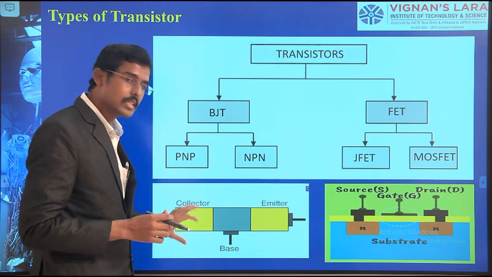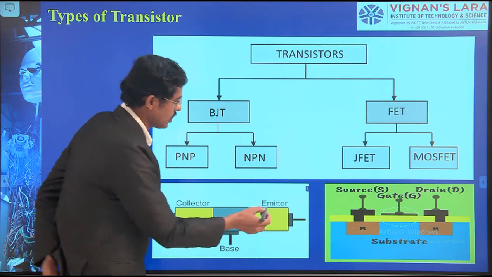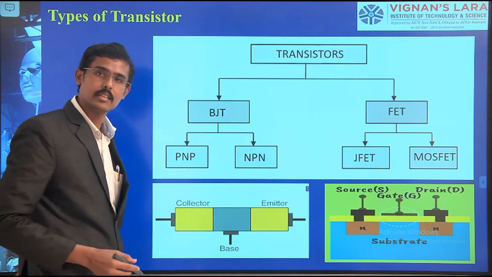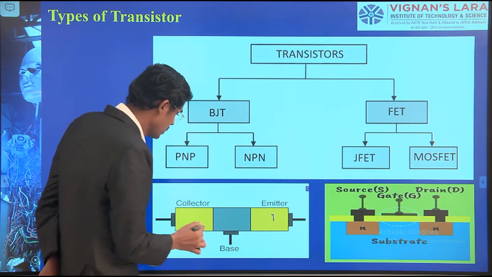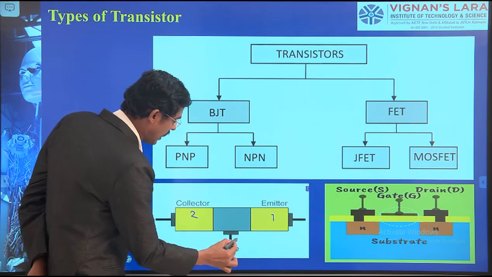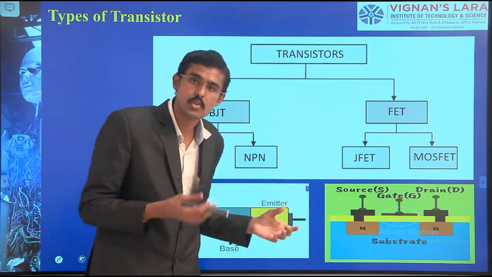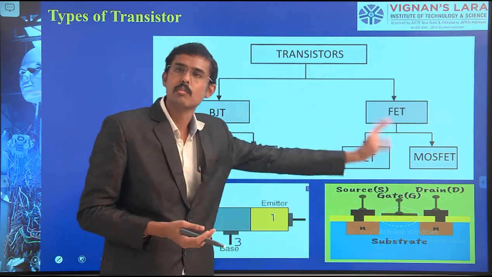See, previously we have done, we know the electron flow should be made from emitter to the collector. So we have three terminals: emitter, collector and the base. In a similar pattern, here also electron flow should happen in the FET, in the JFET also, in the MOSFET also.